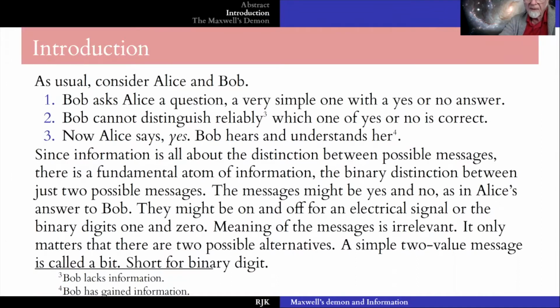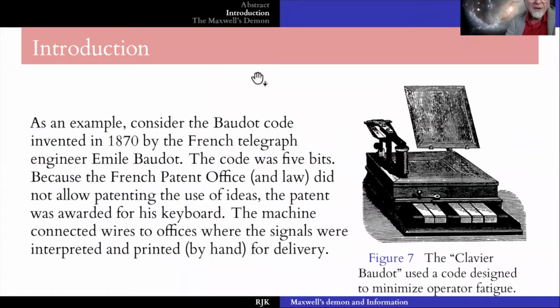so the simplest two-valued message is called a bit, and it's short for a binary digit. So as an example, let's consider the Baudot code, invented in 1870 by the French telegraph engineer, Émile Baudot.